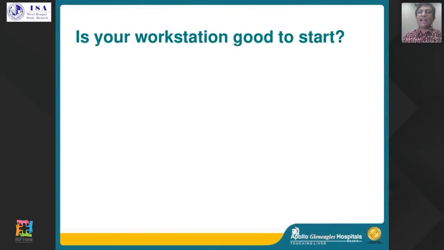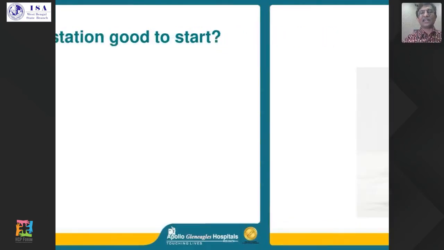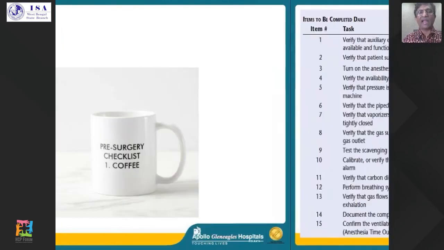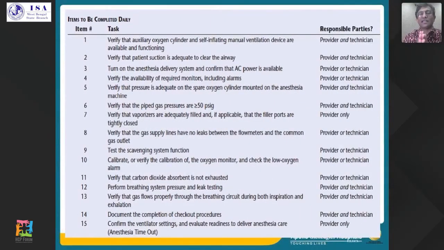And what do you do when you start? The pre-surgery checklist, I think this is extremely boring to just speak about. I think this is there in every textbook. This is just a screenshot of the American Society of Anesthesiologists task force on pre-operative checklists, things that you need to do at the beginning of the day.